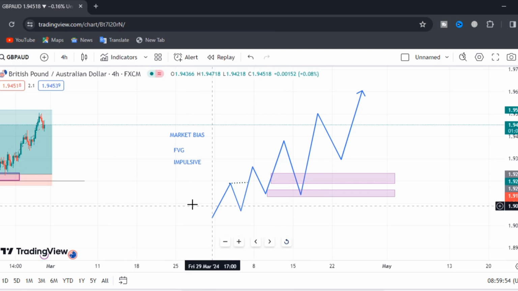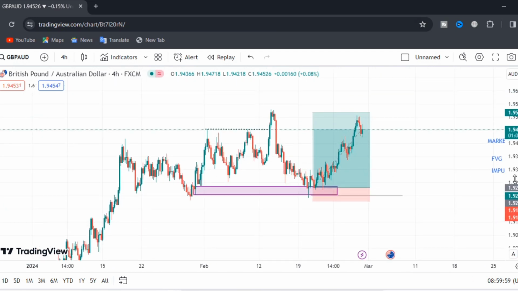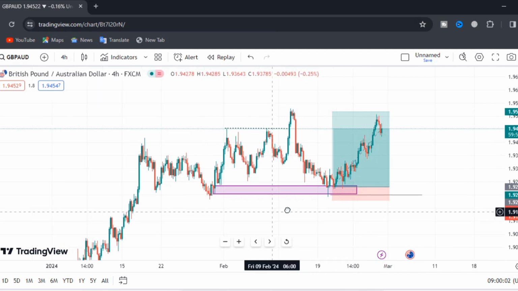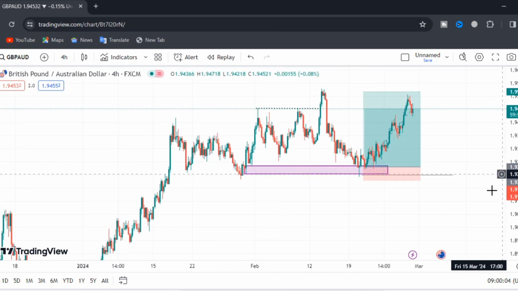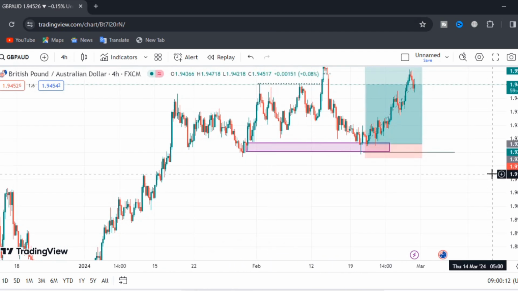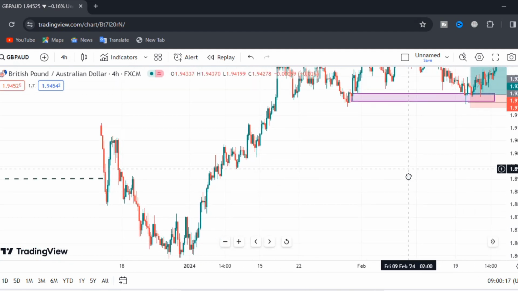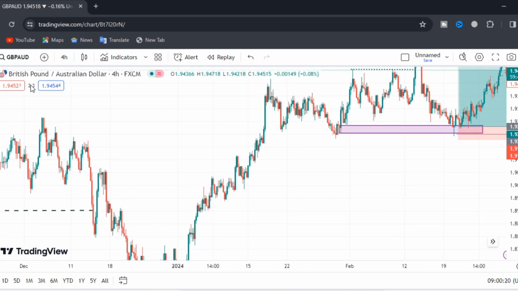So let's go to our chart and see what I'm trying to say here. I'm on my 4-hour time frame, GBP AUD. You can see that our bias is uptrend, it is bullish. After identifying your directional bias, as you can see, the market was breaking highs, which means we are in the uptrend.